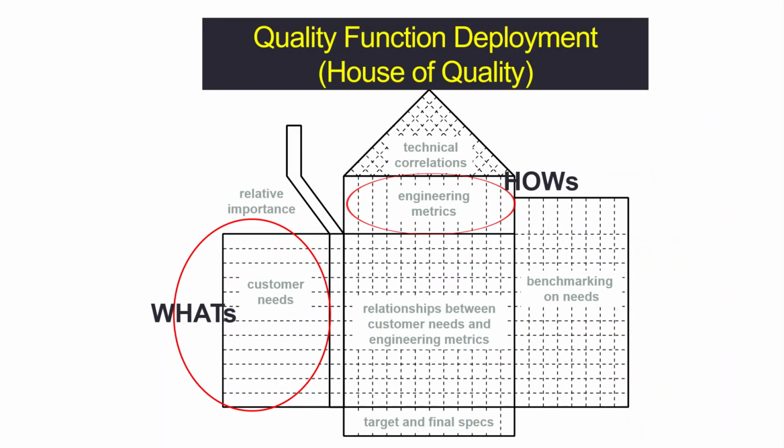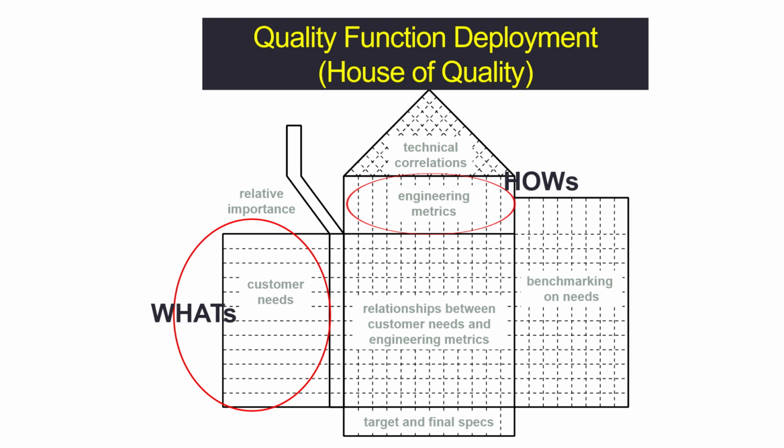And what next? There is one tool called House of Quality. It is a part of quality function deployment. This is also one way to communicate engineering needs in terms of whats and hows. Again, guys, whats are about customer needs.